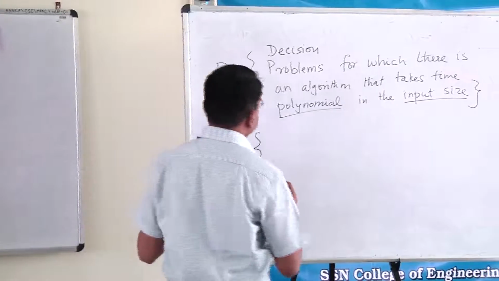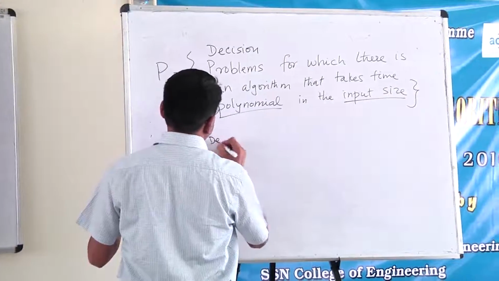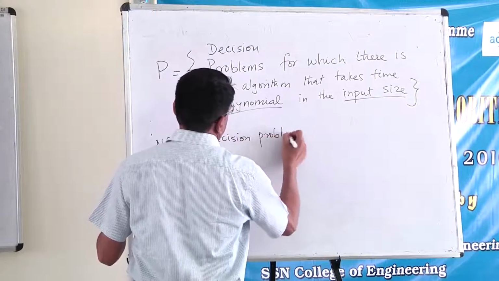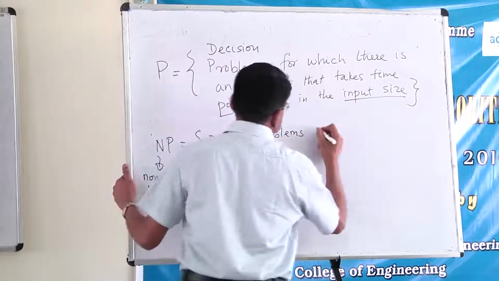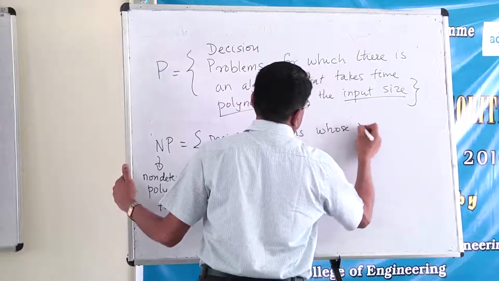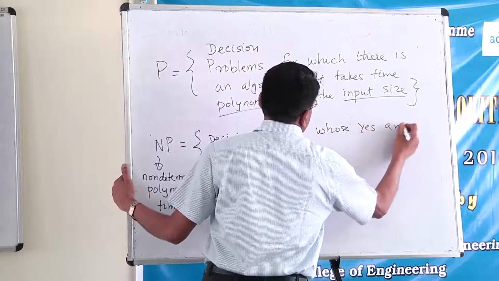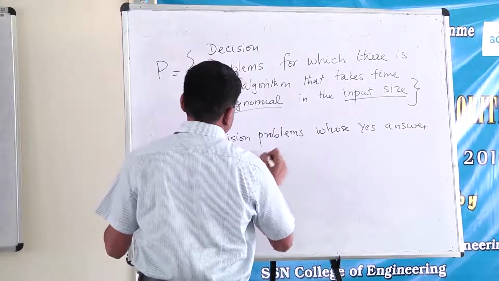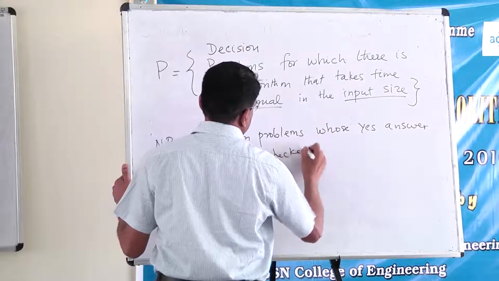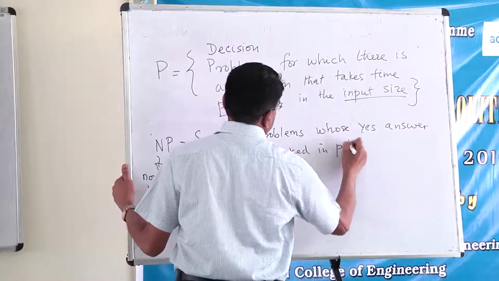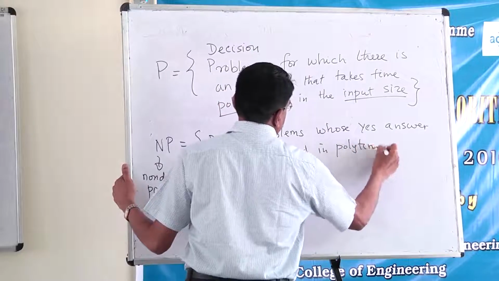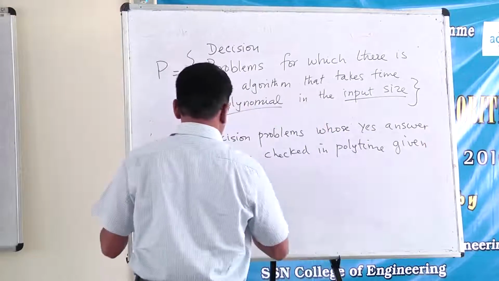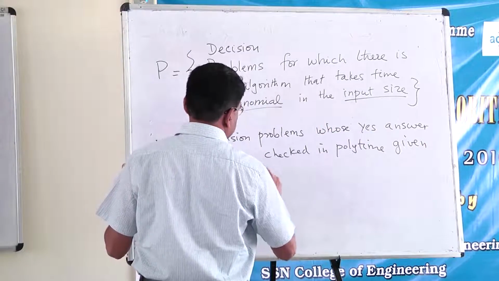Okay, what is NP? These are decision problems whose yes answer can be checked in polynomial time given a proof or a witness.